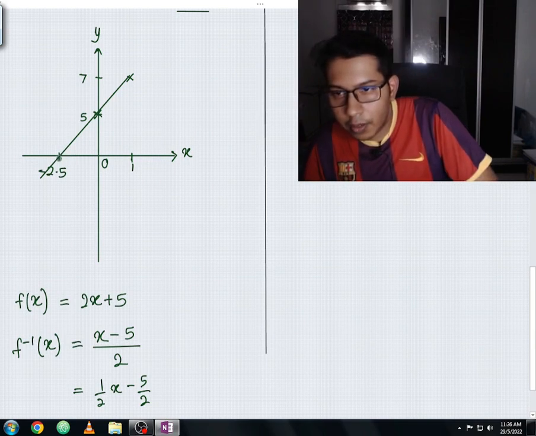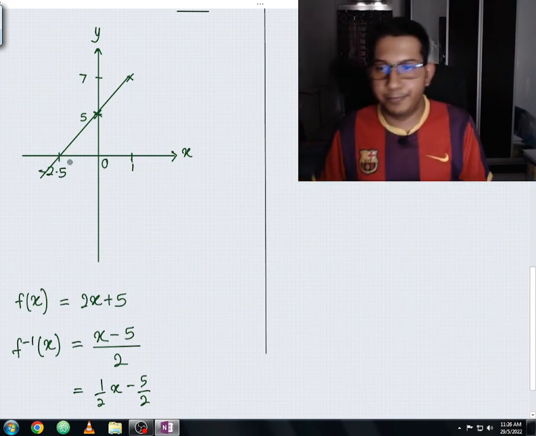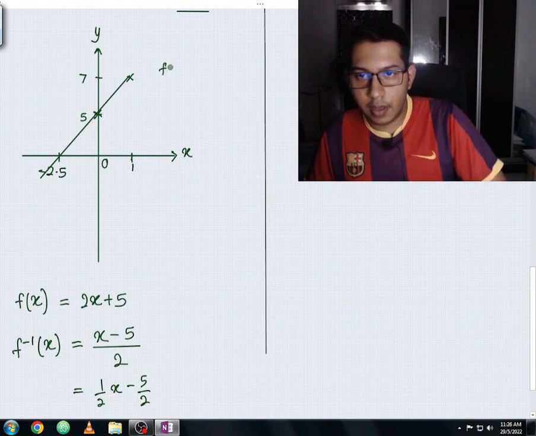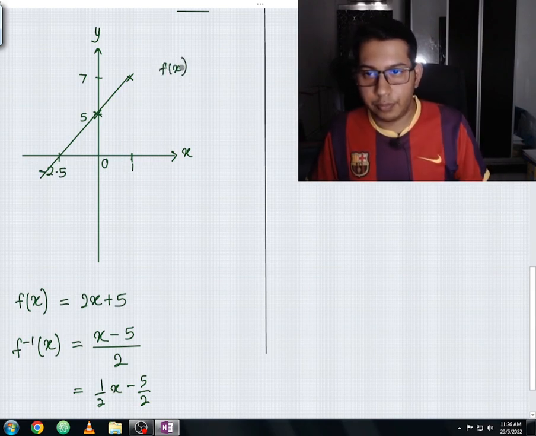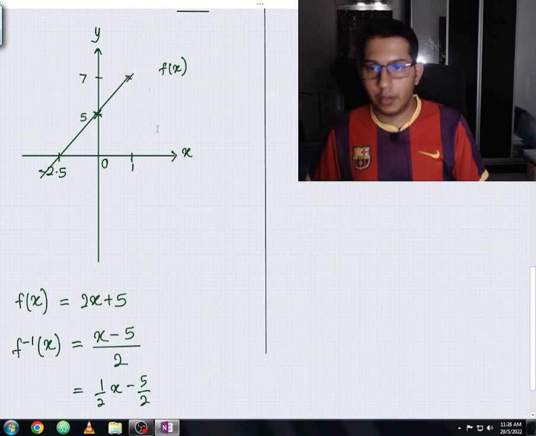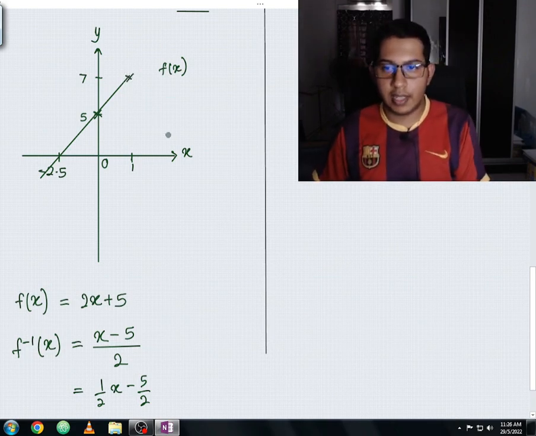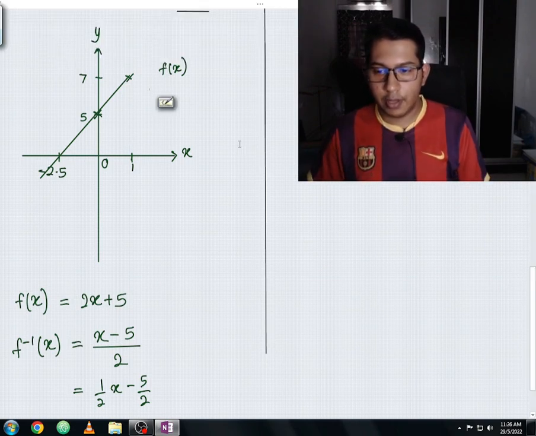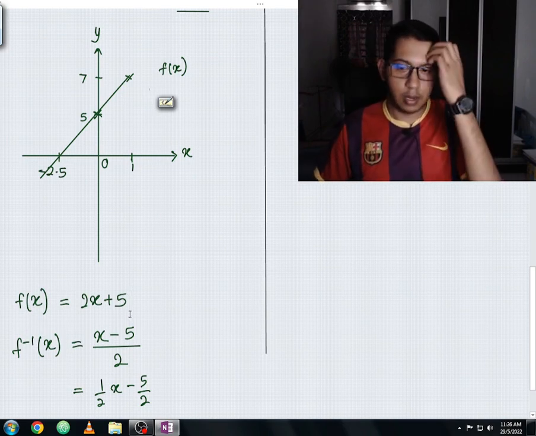Now it's better. So this is the graph of fx. By the way, this is just a sketch, guys. So this is the fx. Now what I'm going to do is I'm going to draw the f inverse x graph now.